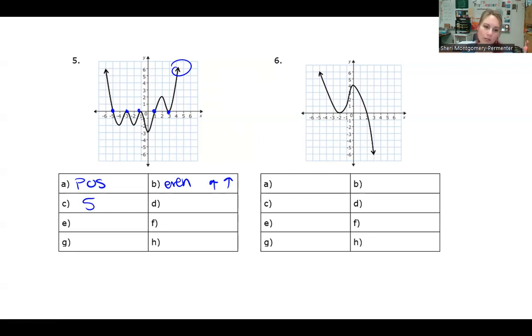What is the coordinate for my y-intercept? 0, -3. Very good. My domain: all real numbers. For my range, it's not an odd function, so I have to think about it.